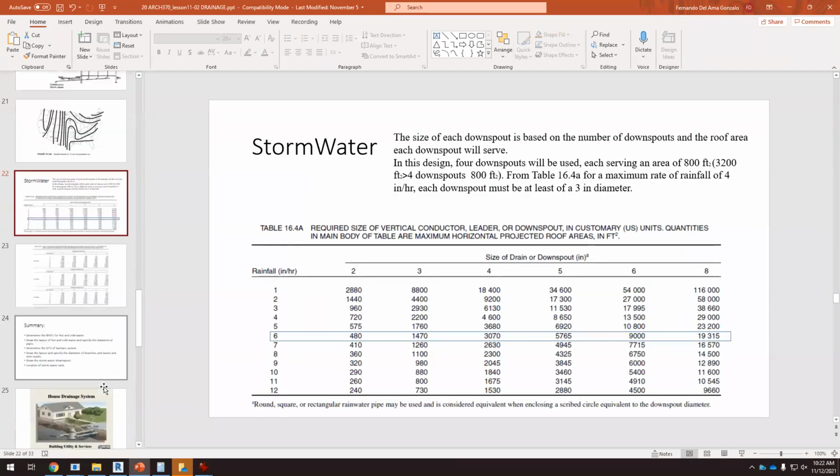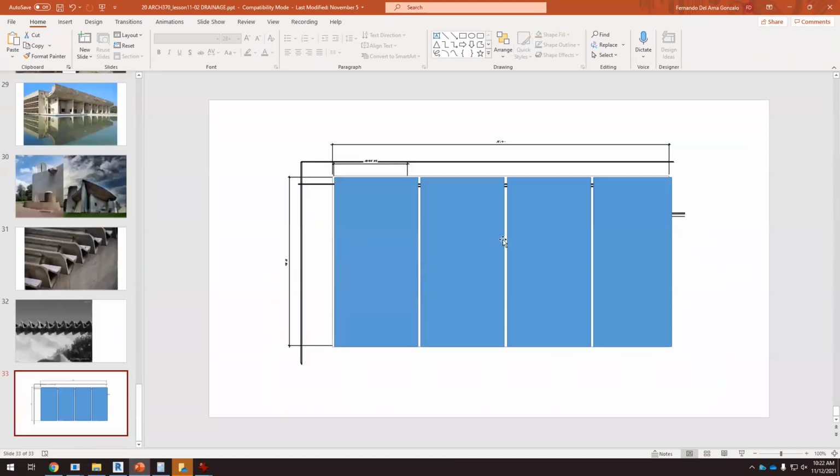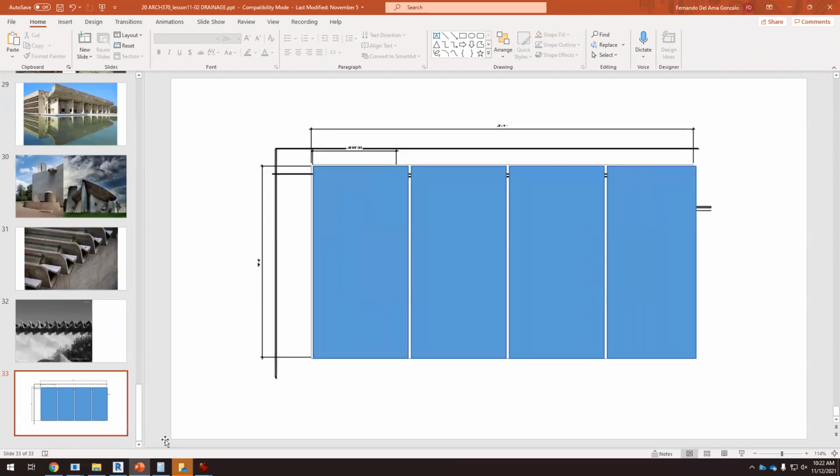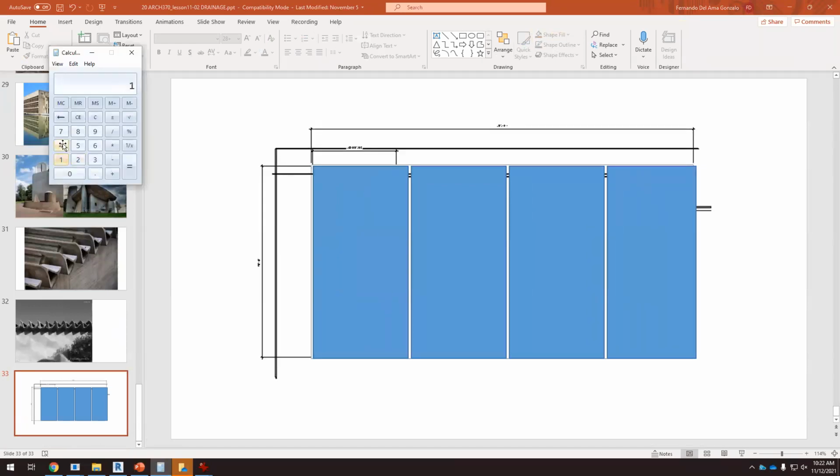If the total length is 140, we divide this by 4. So each sector is 35 times 70, so the total area of a sector is 2,400. So it's less than 3,000. That's fine.